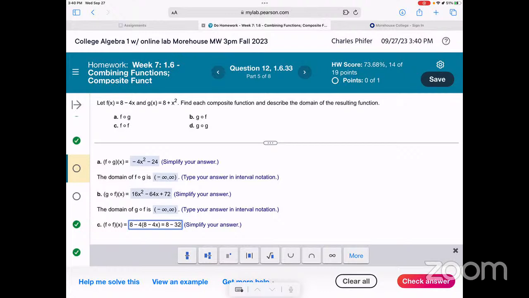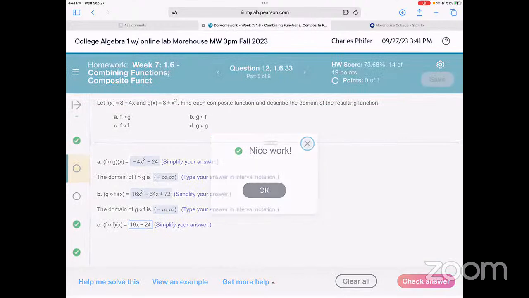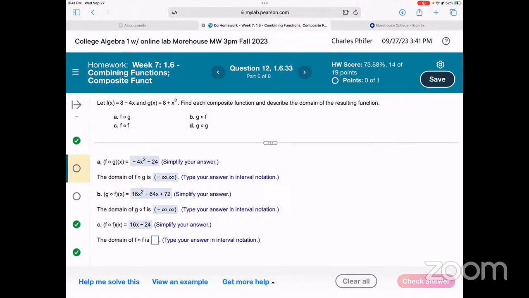Then that's going to be equal to 16x minus 24. Okay. And I think it's all reals for the same argument as before. No restrictions anywhere.